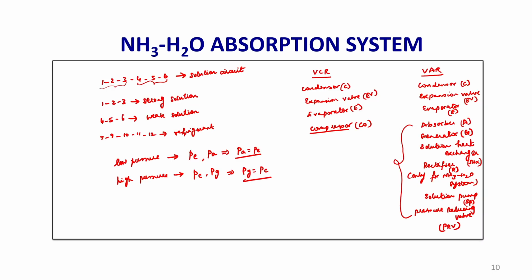So 1, 2, 3, if you see, there is one more term. If you take the vapor compression system, if you know the temperature, we can find the enthalpy; there we have only pressure, temperature, enthalpy. Here there is one term called concentration, which is represented by the capital letter X. The other name for concentration is mass fraction.